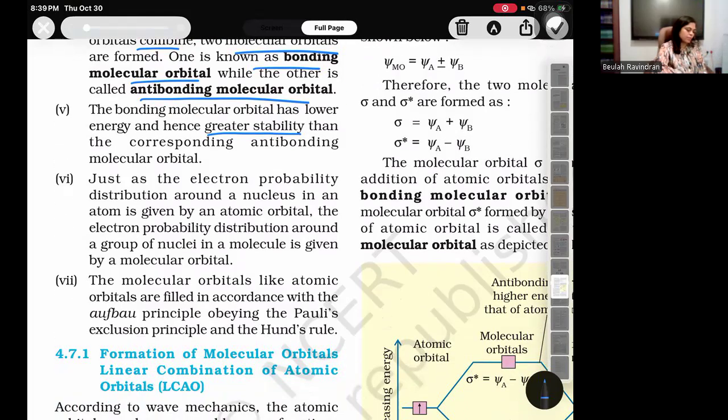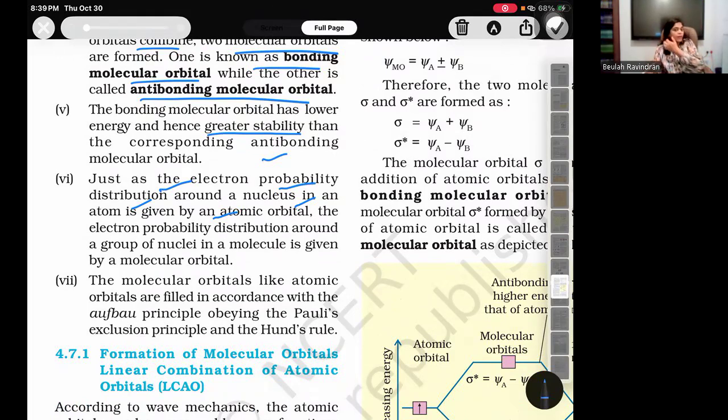Just as the electron probability distribution around a nucleus in an atom is given by an atomic orbital, the electron probability distribution around a group of nuclei in a molecule is given by a molecular orbital. You know what an orbital is: it is the probability of finding an electron. Orbital is where the electrons are.